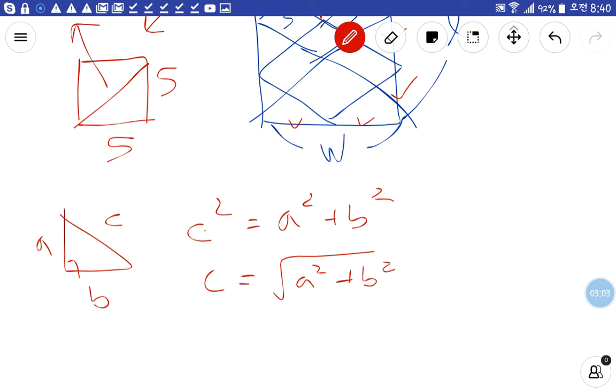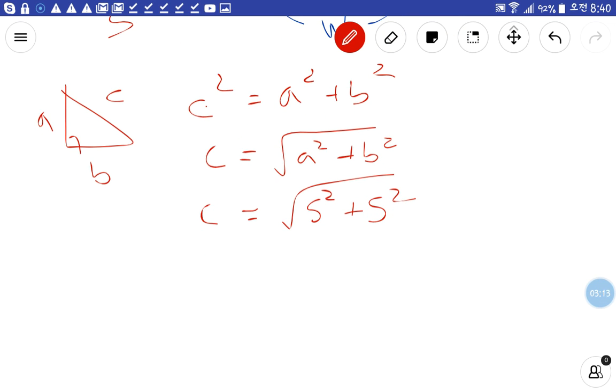Either one becomes A and B. So if you plug in, 5 squared plus 5 squared. 5 squared is 25. So you would have C equals radical 50. Since 25 is a perfect square, how many do you have? 2 of them. So 5 radical 2. That would be the length of the diagonal.